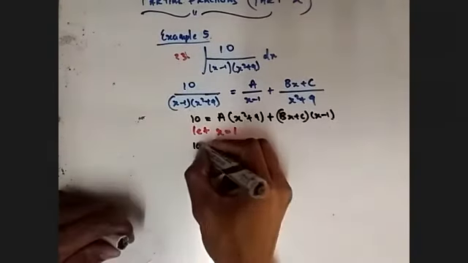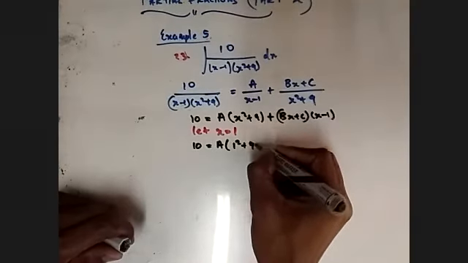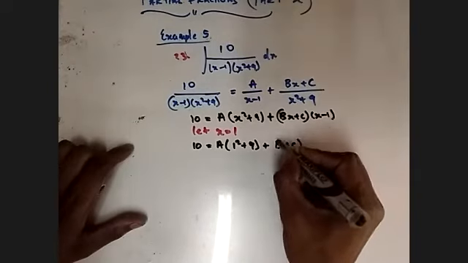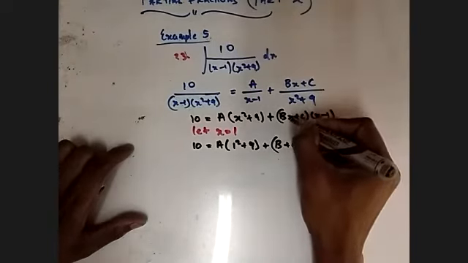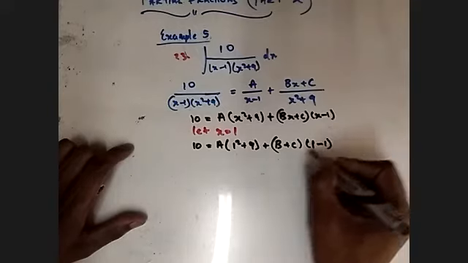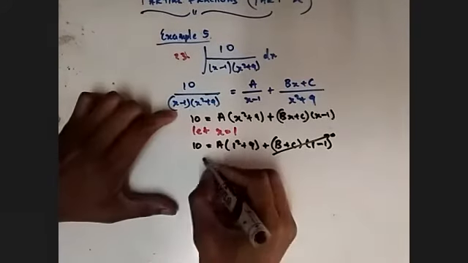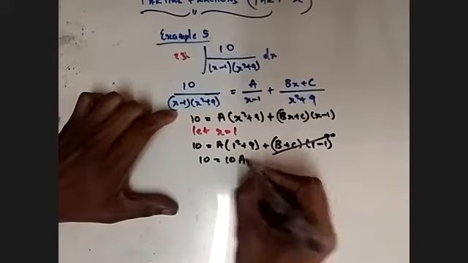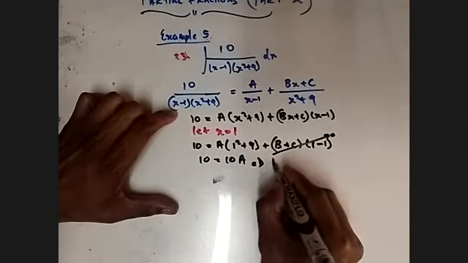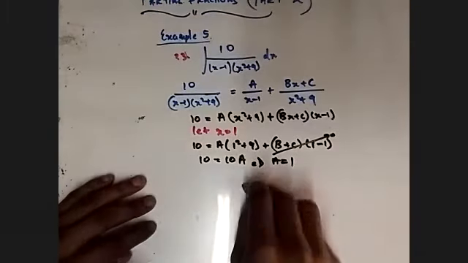If x is 1, we have 10 equals A(1 squared plus 9) plus (B plus C) times 1 minus 1, which is 0. So the whole thing becomes 0. Thus 10 equals 10A, which means A equals 1.